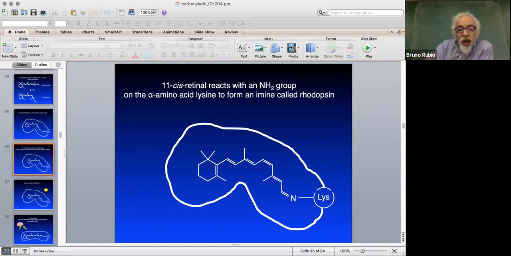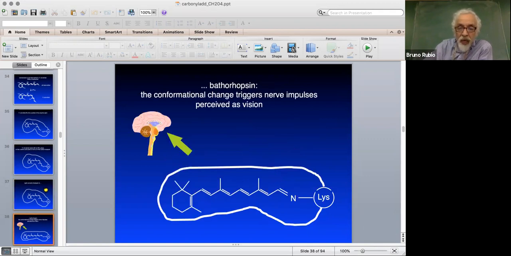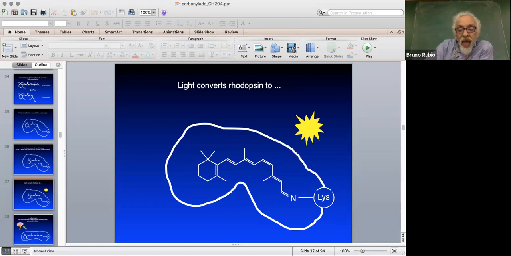And now a photon comes in. A photon comes in and it interacts with this rhodopsin, and it converts the cis double bond back into the trans double bond. But that reaction is accompanied by a huge conformational change in the enzyme.